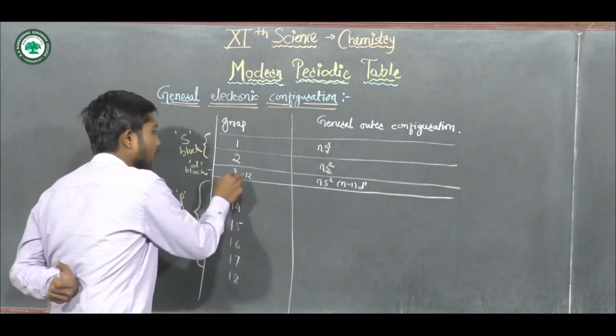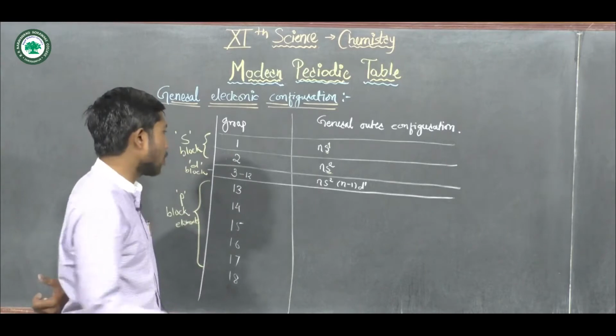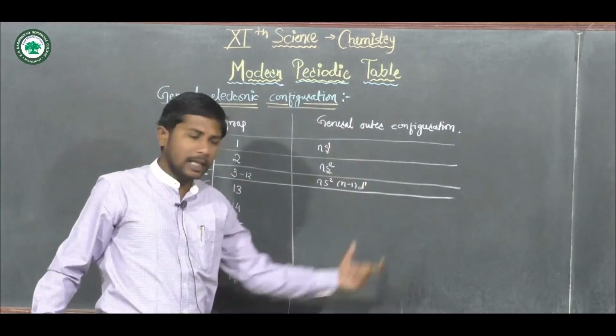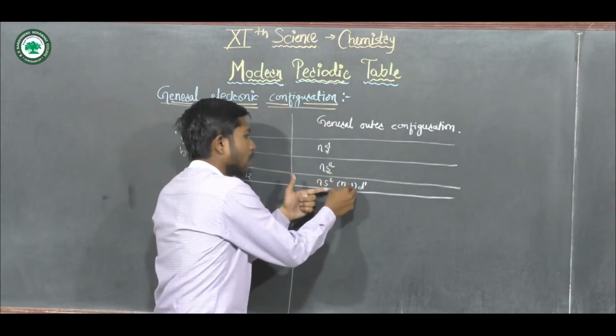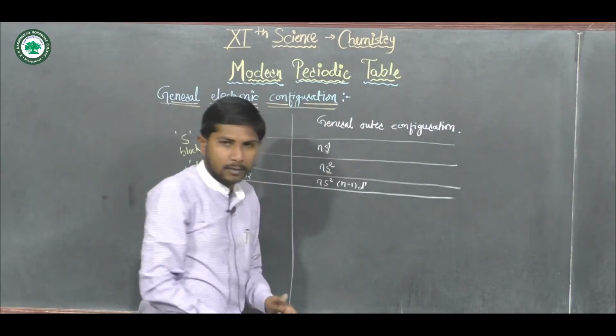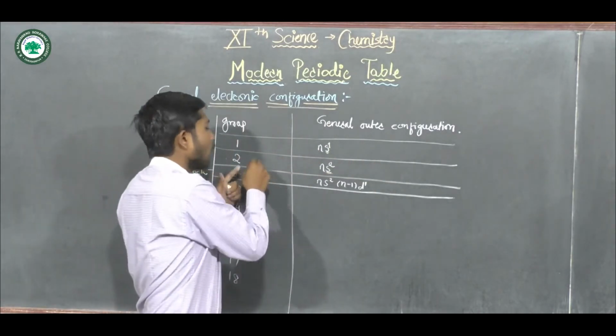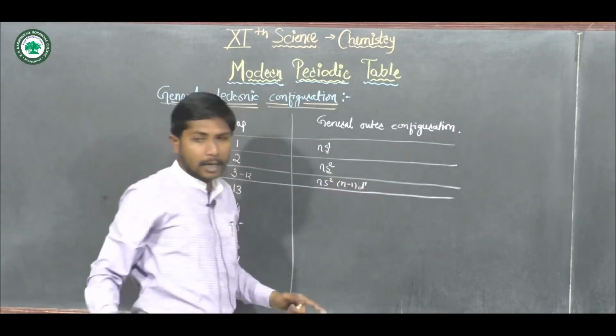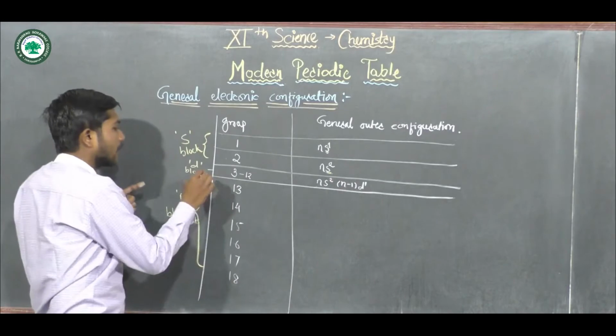Means in case of the third group, the general electronic configuration of all elements will be ns2 (n minus 1)d1. In case of the fourth group, ns2 (n minus 1)d2, likewise.